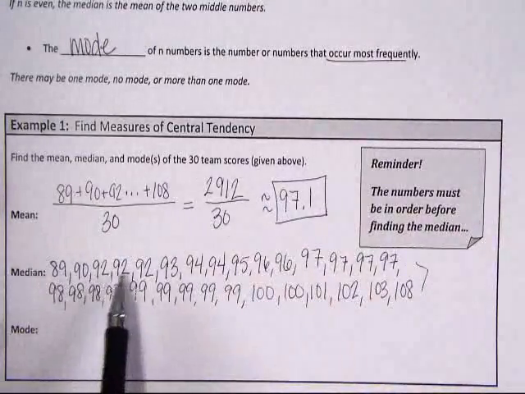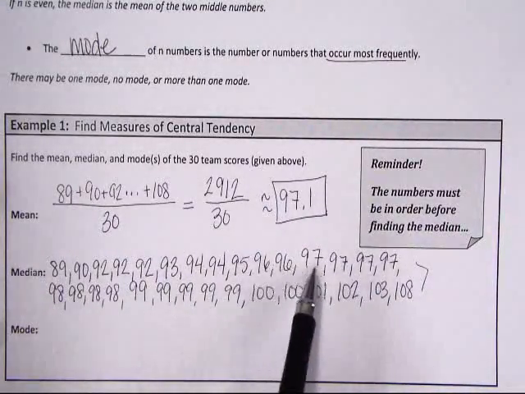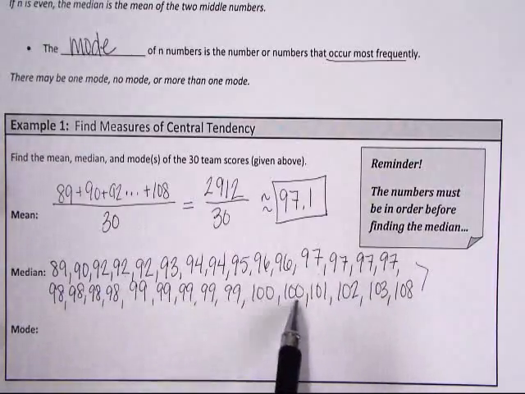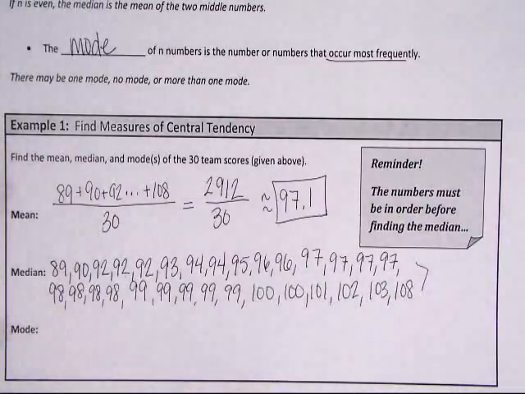So I'm going to count: 1, 2, 3, 4, 5, 6, 7, 8, 9, 10, 11, 12, 13, 14, 15, 16, 17, 18, 19, 20, 21, 22, 23, 24, 25, 26, 27, 28, 29, 30. Okay, so I have all 30 of them there.